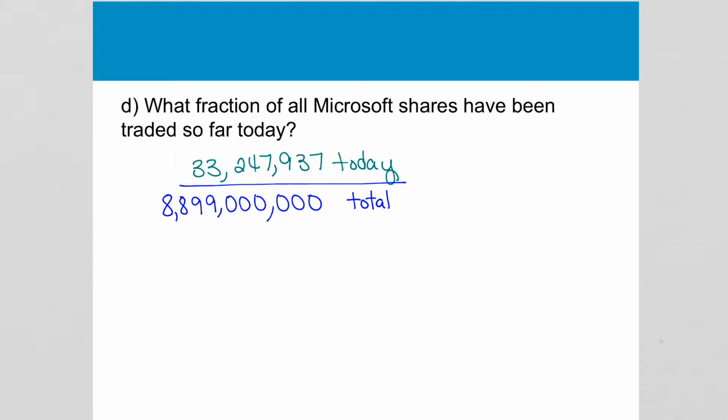Oh, I forgot the 0.72. Sorry. Okay. So if we divide, that gives us 0.0037. That means 37 hundredths of a percent of those shares were sold today.